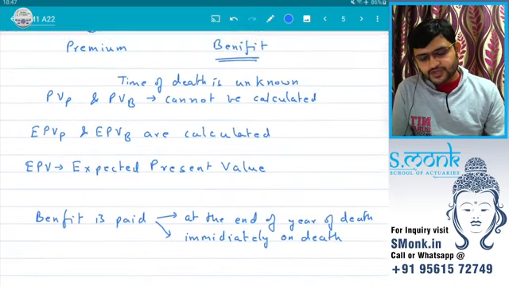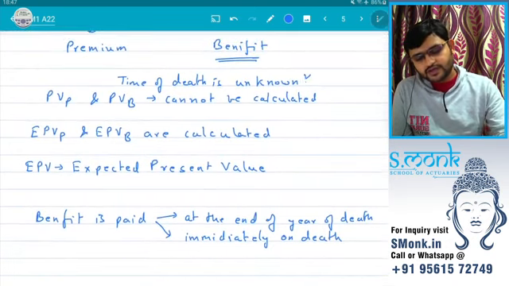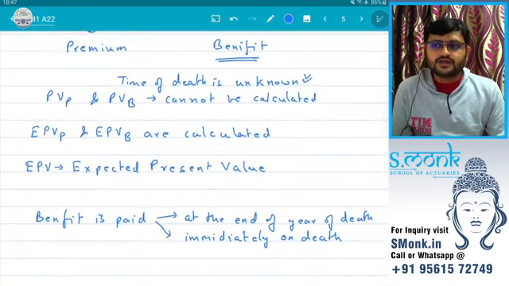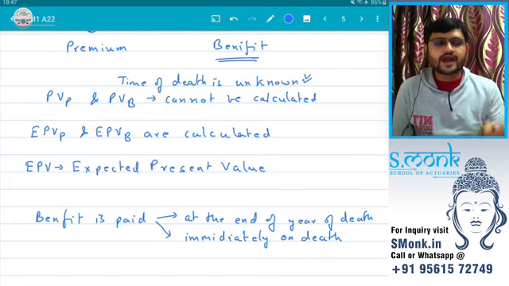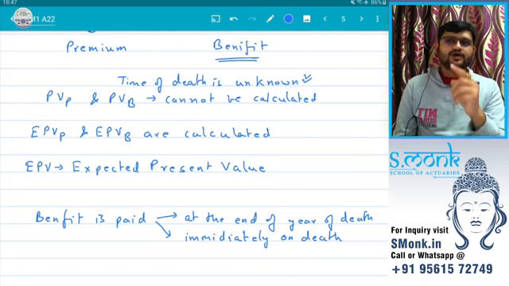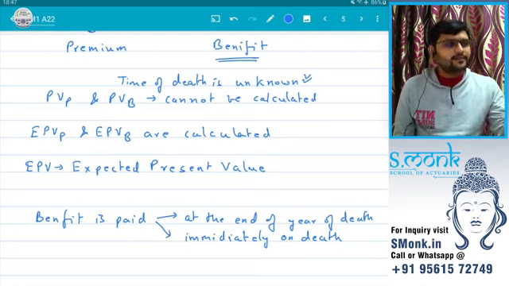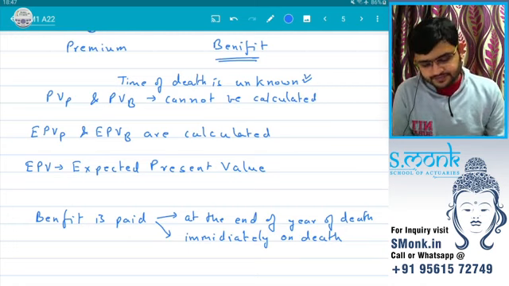Of course, because we don't know the time of death, we will take the probabilities from our life tables. What had happened before, we will use to figure out what would happen in the future.